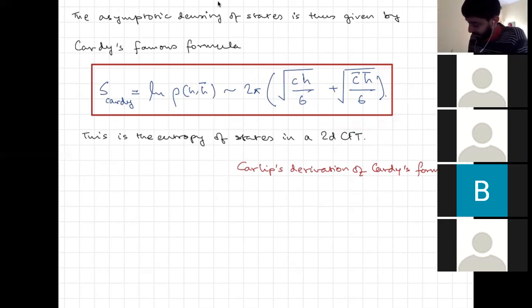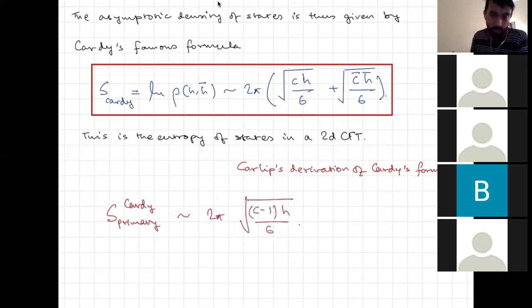And interestingly enough, in that case, this is just information, I will not be saying more, that actually goes like 2 pi square root of (c minus 1) times h over 6. Okay, that's a weird thing, but that is so.